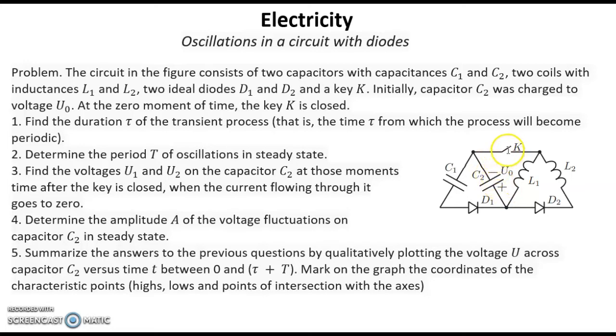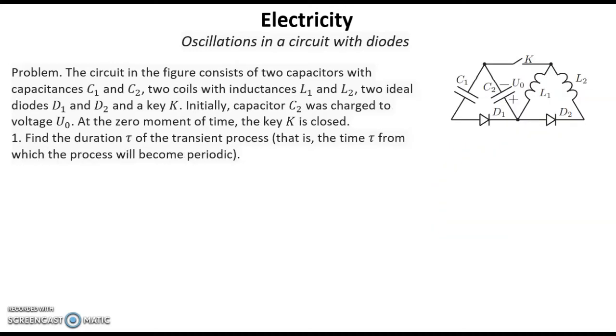When the key is open, current cannot flow in this direction, and because we have diode D1, this path is closed too. So current cannot go through any of these directions.